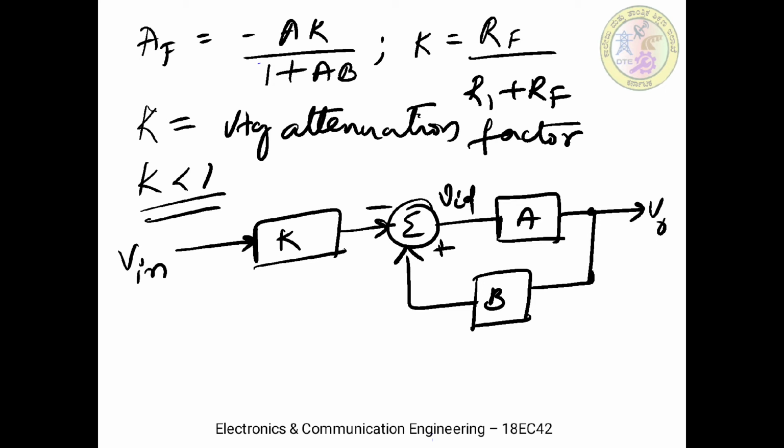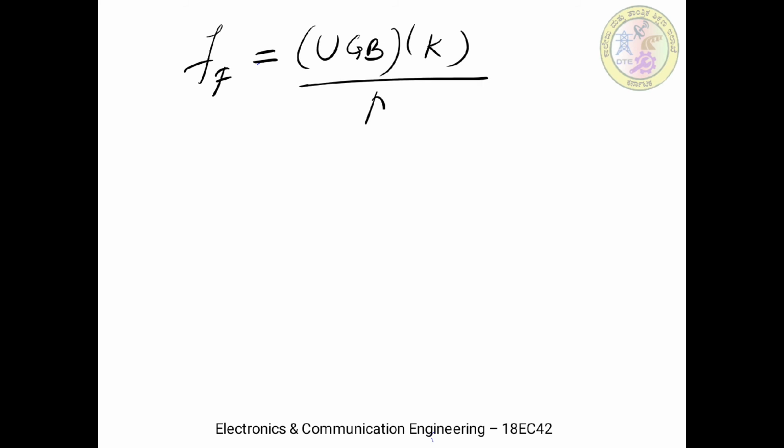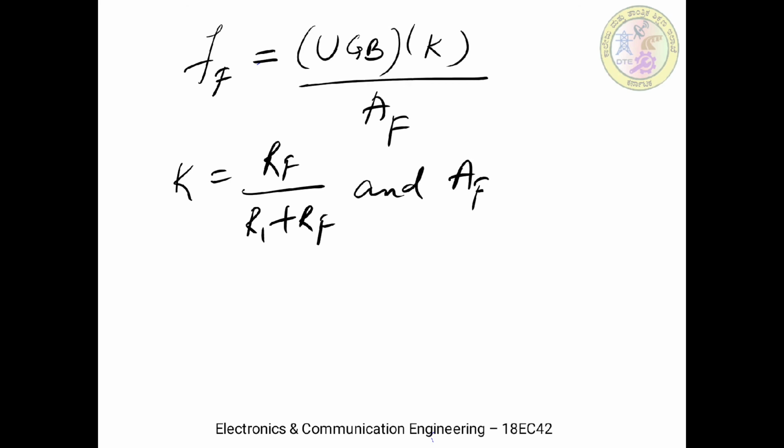Now using AF equal to K times A divided by 1 plus AB, it is written that FF, the bandwidth in presence of feedback, is equal to UGB, unity gain bandwidth, multiplied by K divided by AF, where K is equal to RF by R1 plus RF, and AF is A into K divided by 1 plus AB.